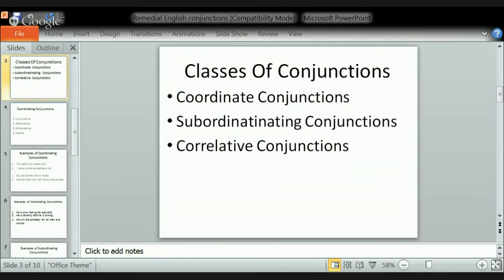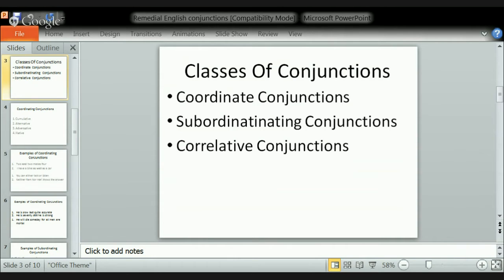Now, next is subordinating conjunctions. Look at the word subordinating. It's like the set and subset, which means that your subset has to depend on the set. Very simple. I'm not getting into mathematics. What I'm trying to explain is that you have an ordinate, which is your boss, and below you have a subordinate. The subordinate has to depend upon the ordinate, the boss, because he has to be dependent.